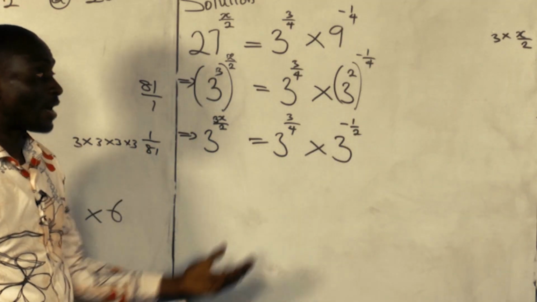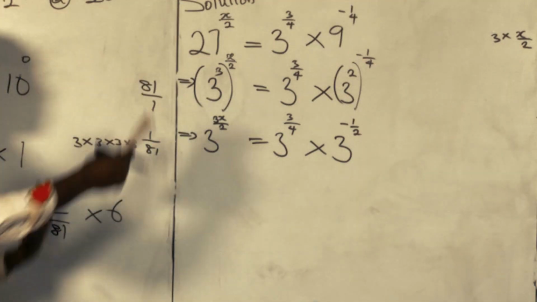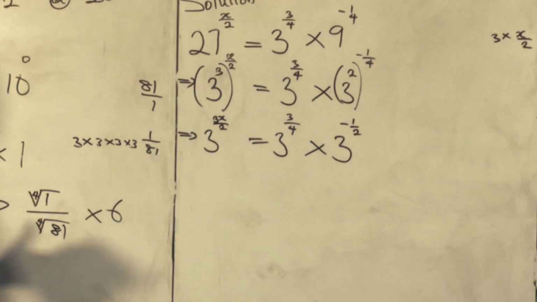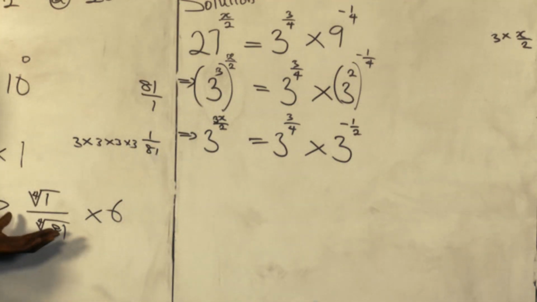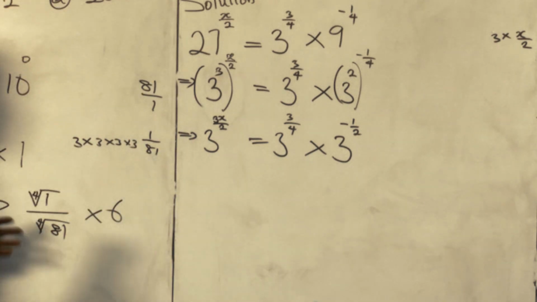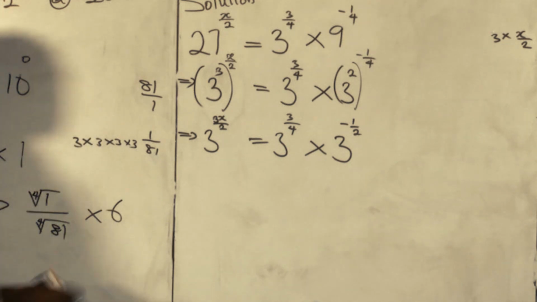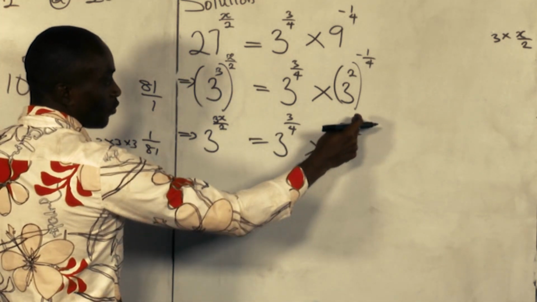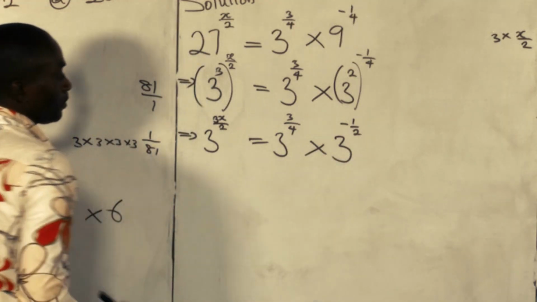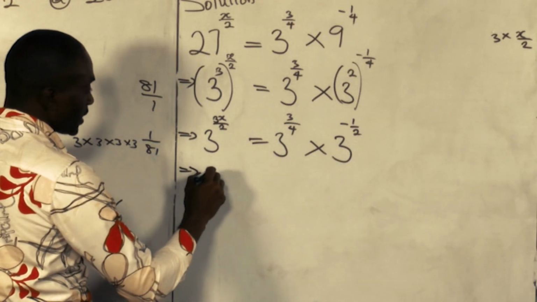You should know how to get that by now with all the aforegiven examples. With the examples I've given above, the various workings we have done above, you should be able to know how I got minus 1 over 2 now. So this will give us 3.